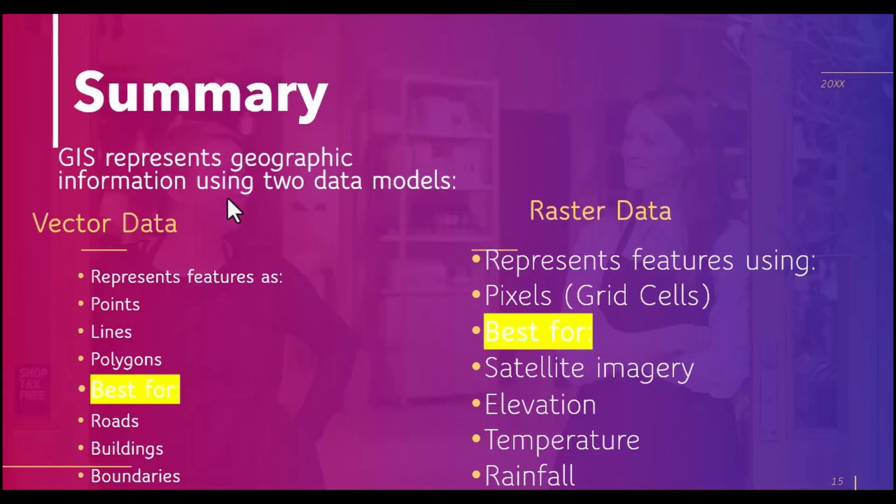Vector represents data as points, lines, and polygons, while raster represents data in pixels. Vector is best for roads, buildings, and boundaries. Raster is best for satellite imagery, elevation, temperature, and rainfall.